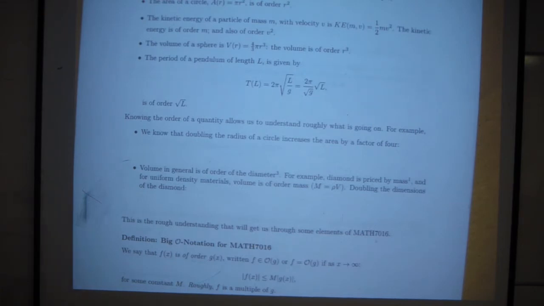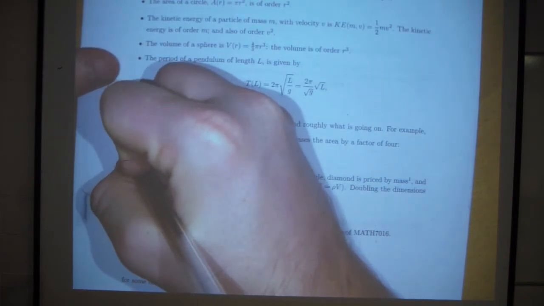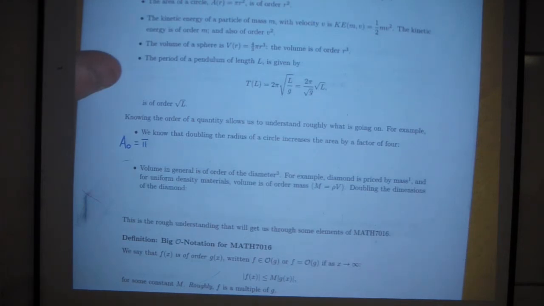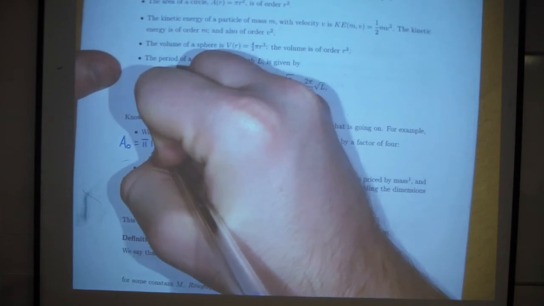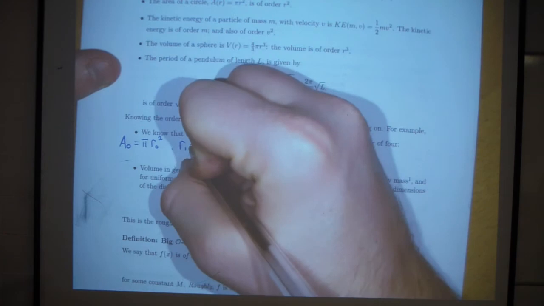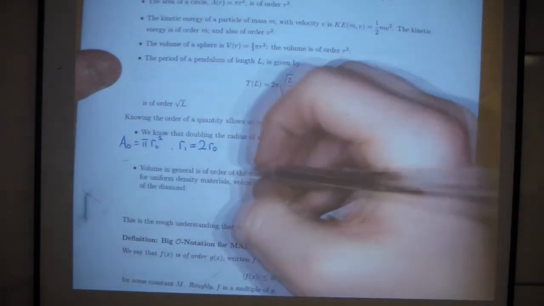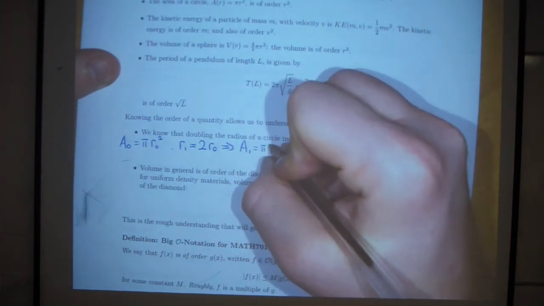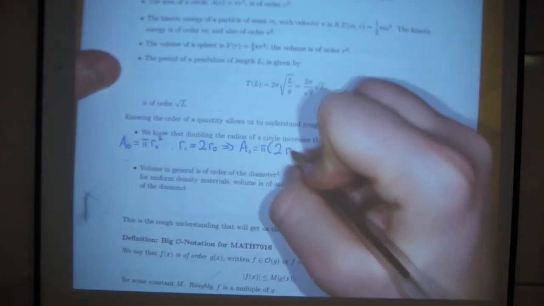Let's write down, say we have an initial area A0, which is equal to pi r0 squared, where the 0 just signifies the initial. Now, what happens if we change the radius to twice the original, r1? What will the new area be? The new area would be pi times the radius squared, which is 2r0 squared.